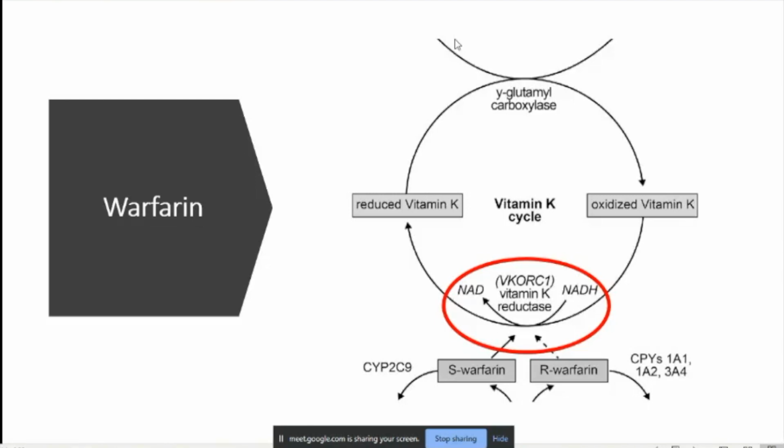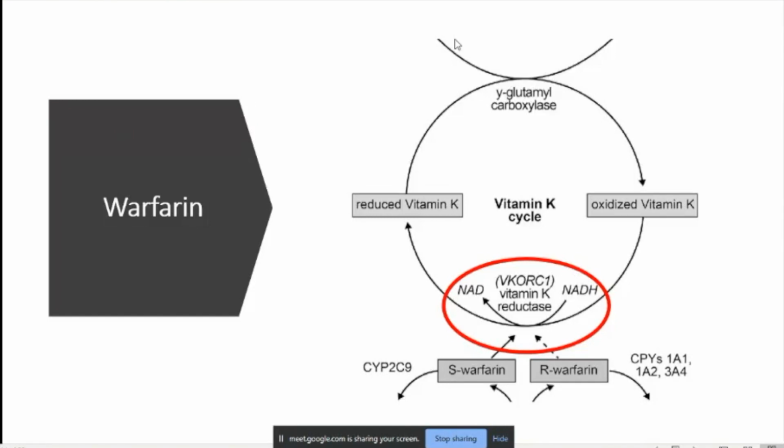Here VKOR is the enzyme responsible for converting inactive vitamin K to active vitamin K. VKOR stands for vitamin K epoxide reductase. So basically warfarin inhibits this VKOR enzyme. Okay. So that's how it works.